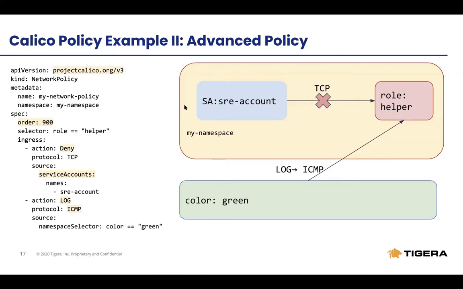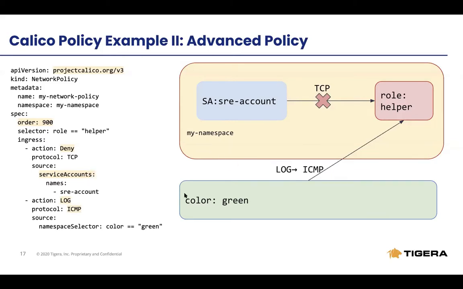So any application, any pod that has a service account associated with it that is an SRE account will be denied to connect on TCP to this helper pod. Just a random example here. We showcase that you can have an order: the smaller the order is, the earlier it's going to be enforced or evaluated. So order 900 here is going to be evaluated before order 1000. We're going to explicitly deny any traffic coming from this specific service account.